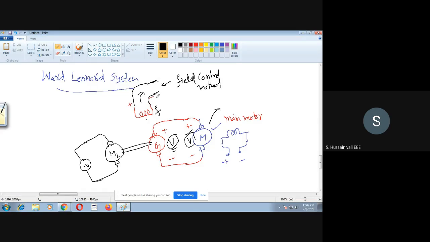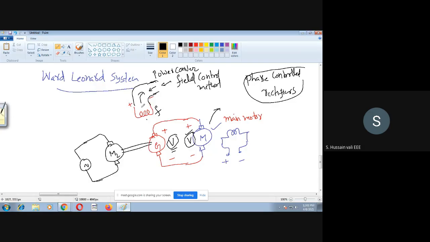Or you have some other types of method. If you take electronics, you have a power converter, for example the phase control rectifiers in power electronics, if you recall. Using phase control rectifiers, we connect the rectifier here, so the supply coming to the field changes.